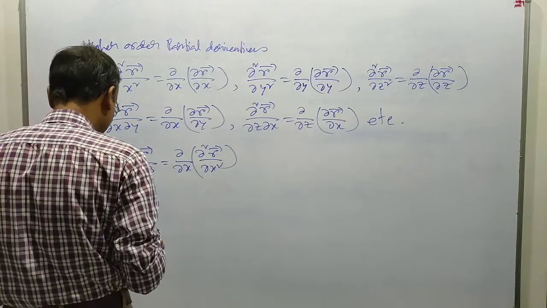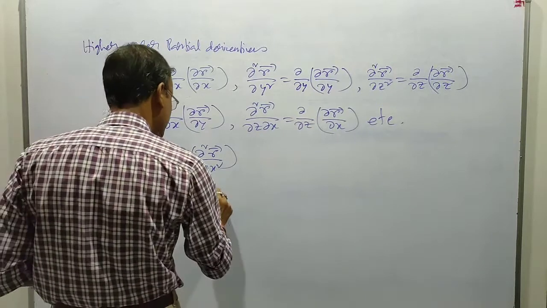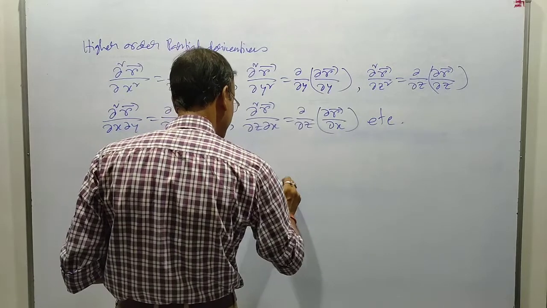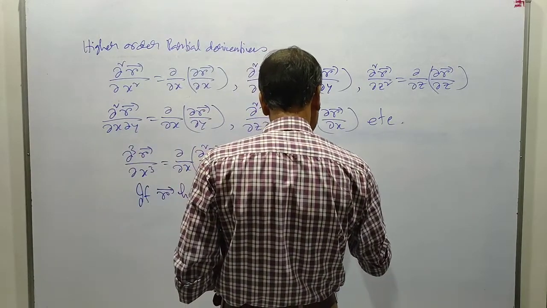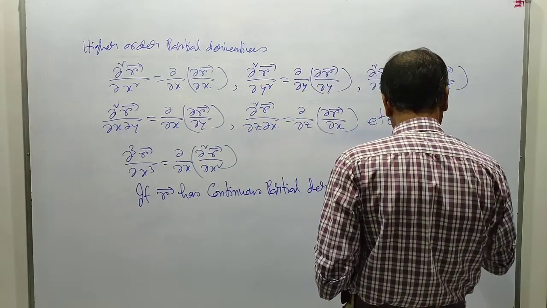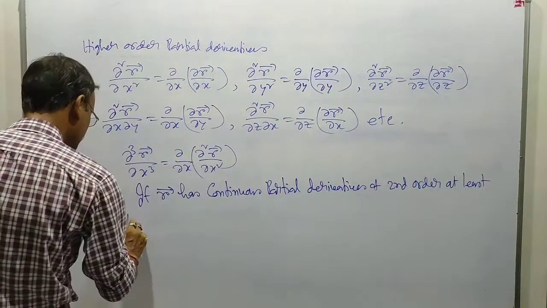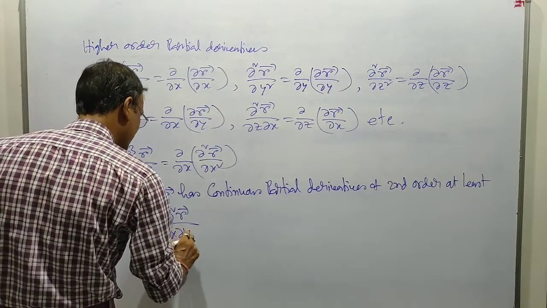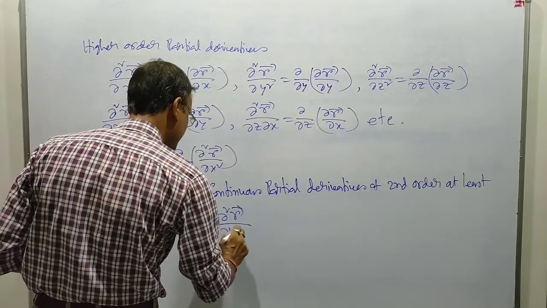If R vector has continuous partial derivatives of second order at least, then del squared R vector by del x del y is equal to del squared R vector by del y del x.